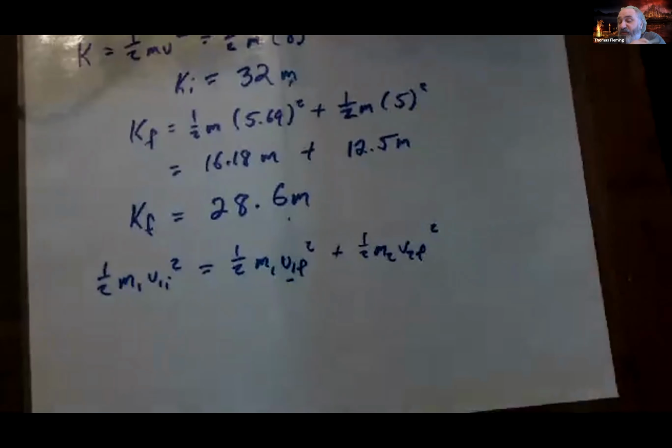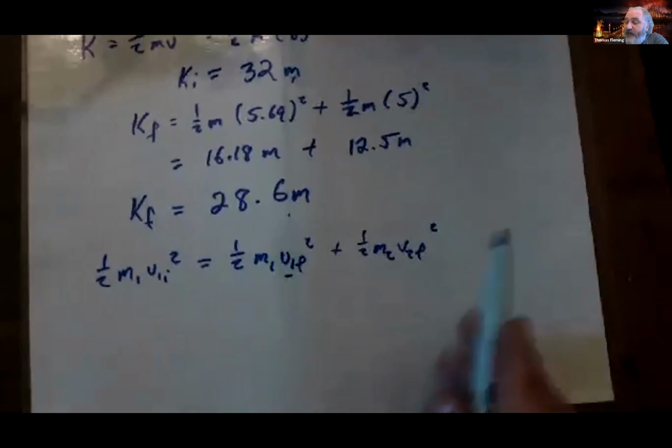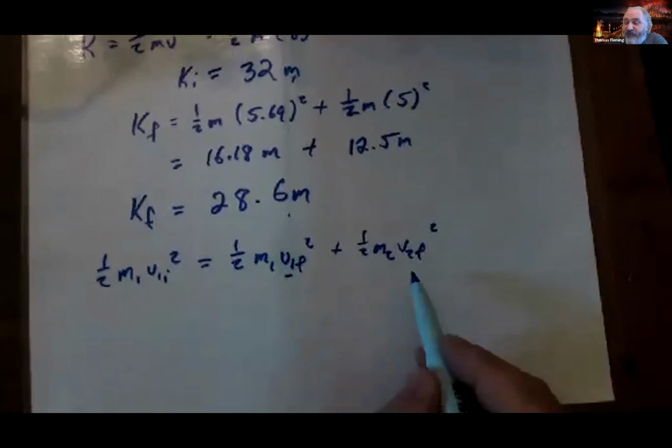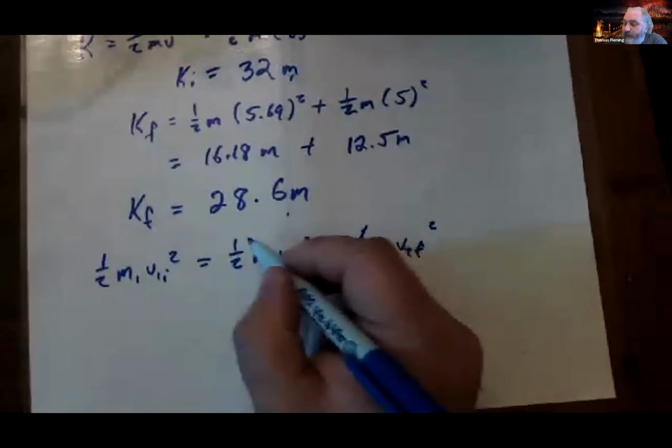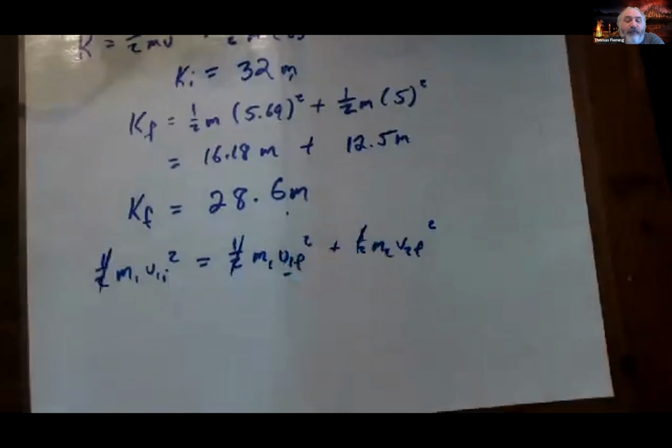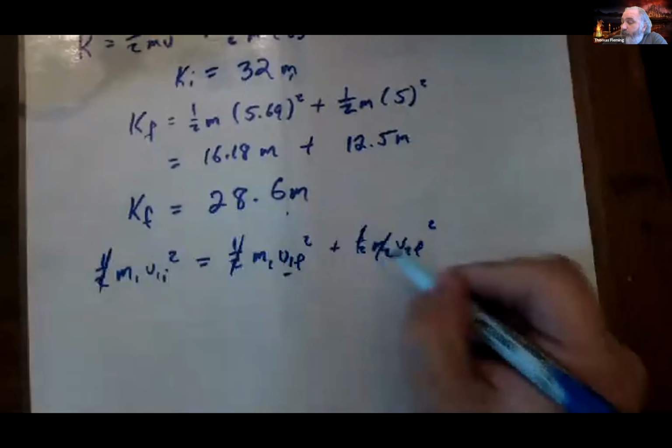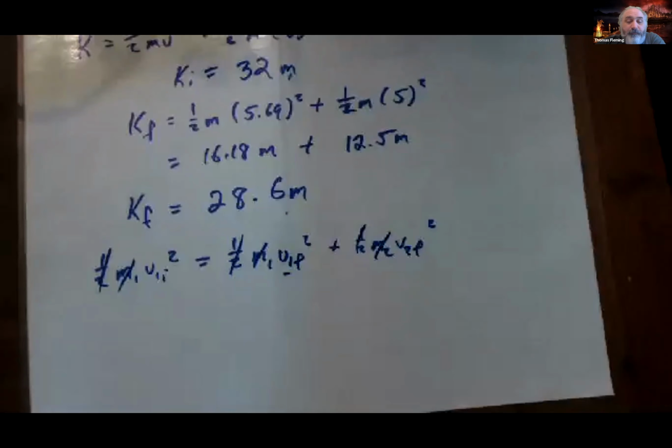Now, check this out. If I'm just looking at this, one thing I notice is that in this equation, every term has a 1/2 in it. All those 1/2s cancel. Now, for this particular problem, all the masses were the same too, right? But if all the masses are the same, all the m's cancel.